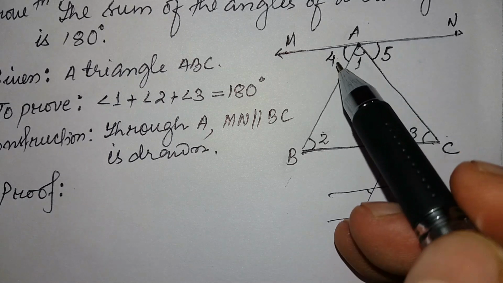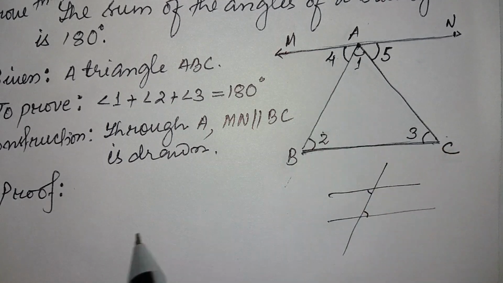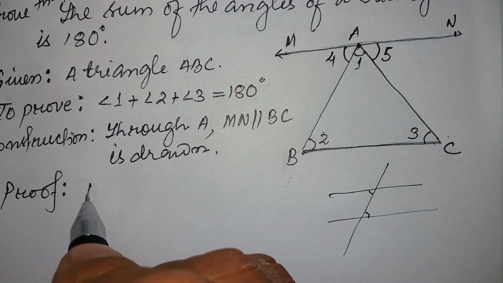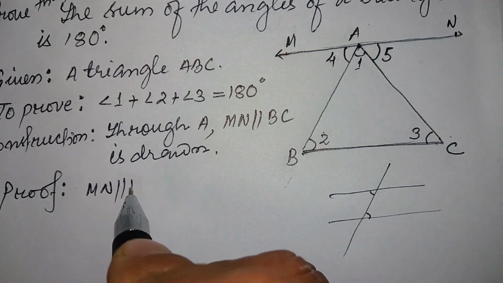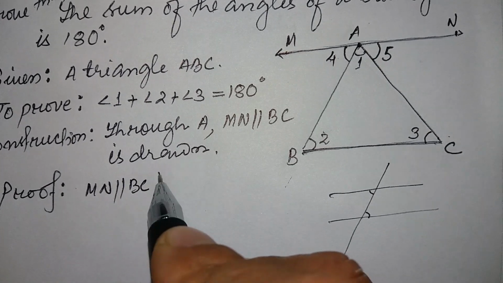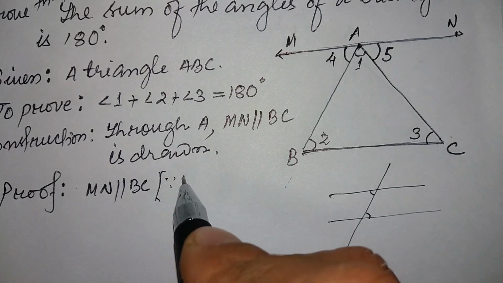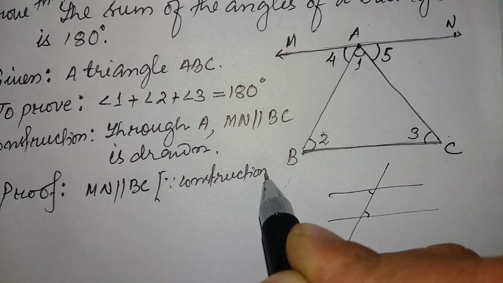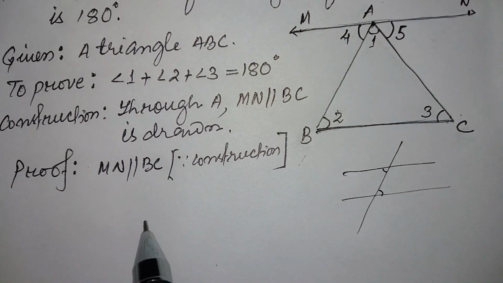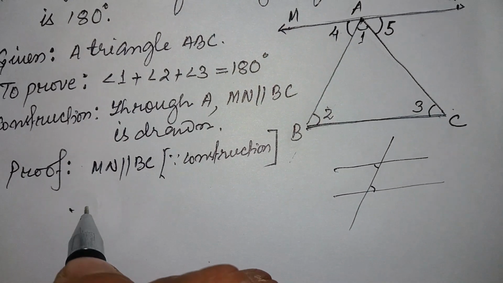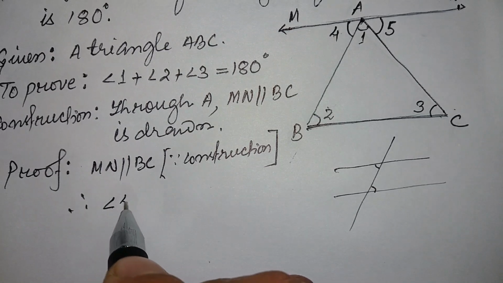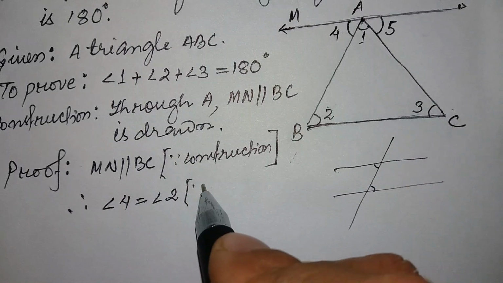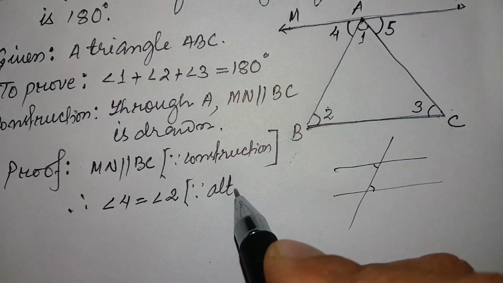So angle 4 and angle 2 are equal. We have here MN parallel to BC, this is from construction, and then since these two lines are parallel, angle 4 is equal to angle 2. Reason is these two are alternate angles.